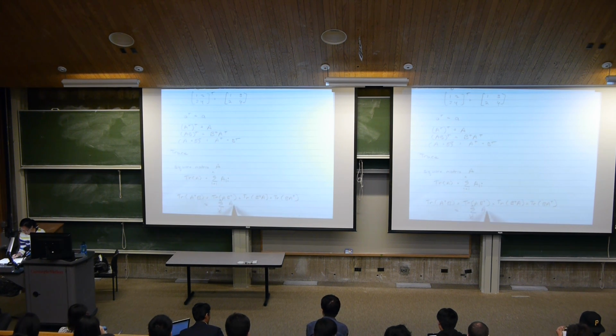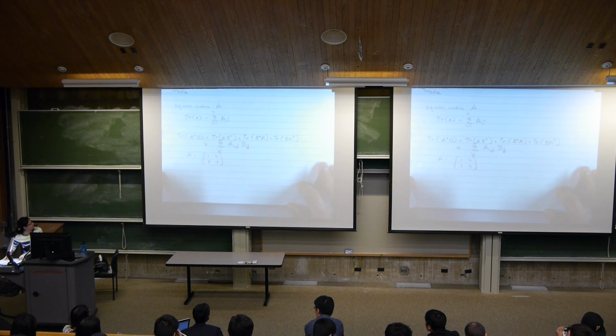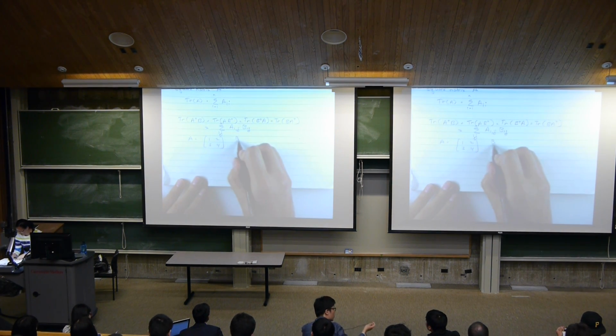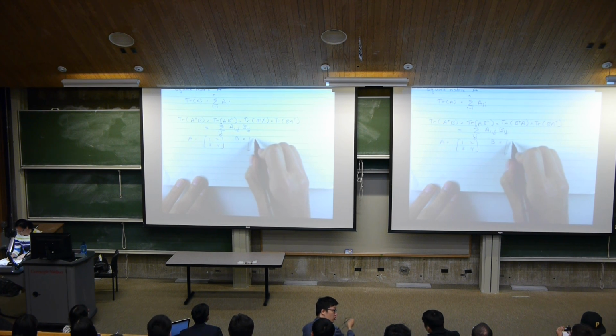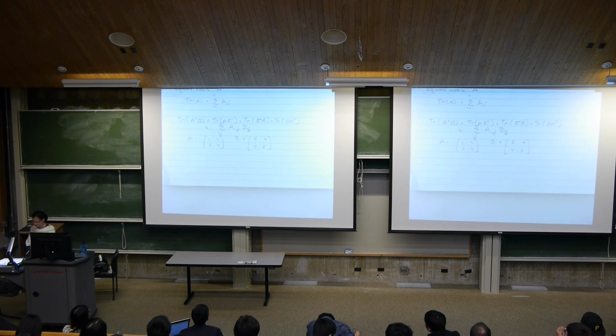I'm going to unpack that for you, because when I first saw it, it didn't make sense to me either. Say A is equal to 1, 2, 3, 4, and B is equal to 5, 6, 7, 8.